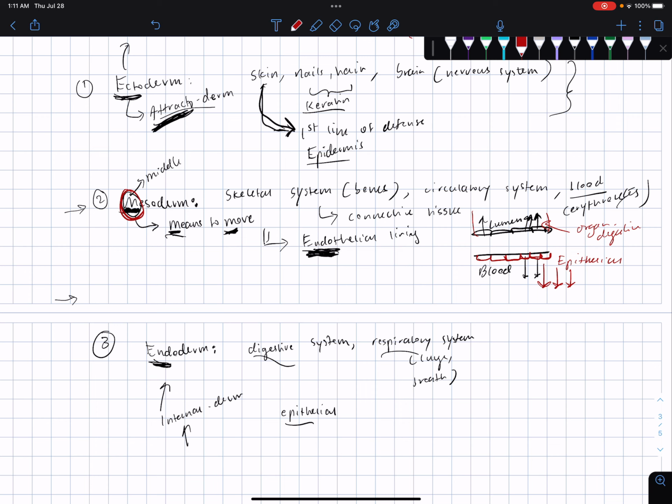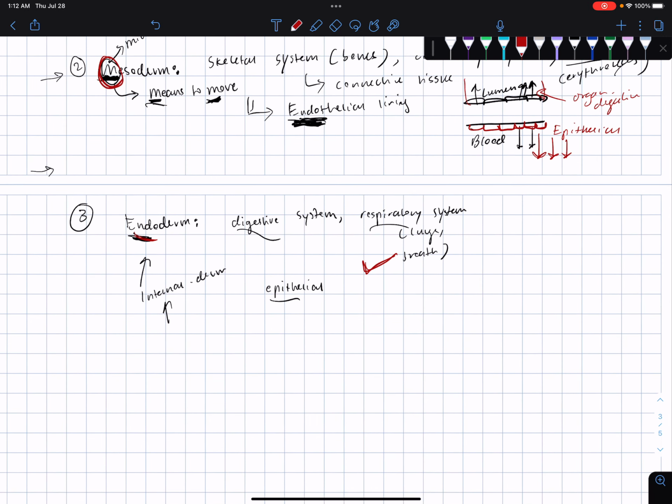So the mouth and the anus, or actually, I like to remember it as they're not very internal, right? The anus and the mouth are exposed to the external environment. They're not completely caged inside of the body. So that's why I like to rule out endoderm for the mouth and anus.